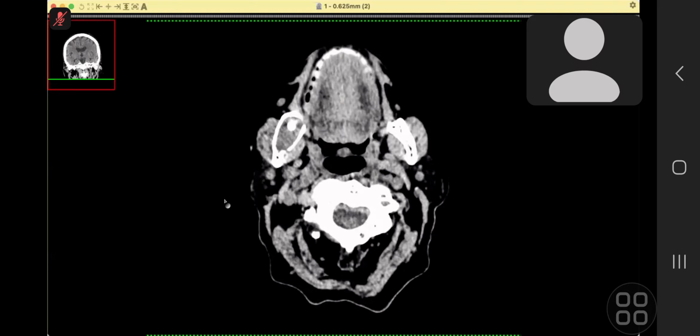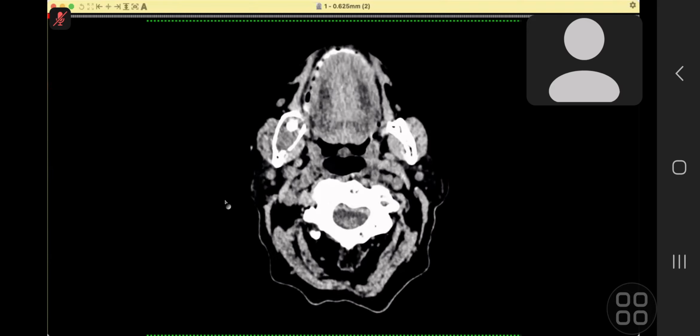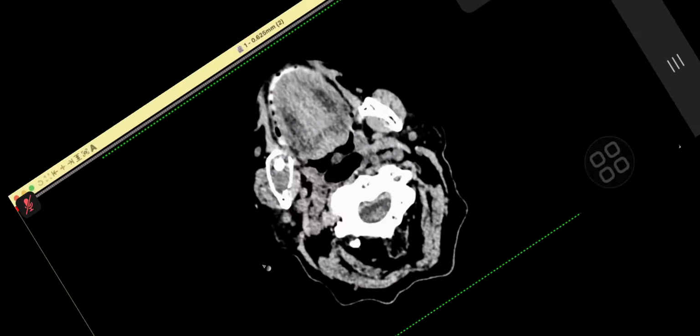Okay. So this seems to be an expansile lesion in the mandible, and seems to be benign, because there's no obvious bone destruction which I can see, and it doesn't show any obvious aggressive features.